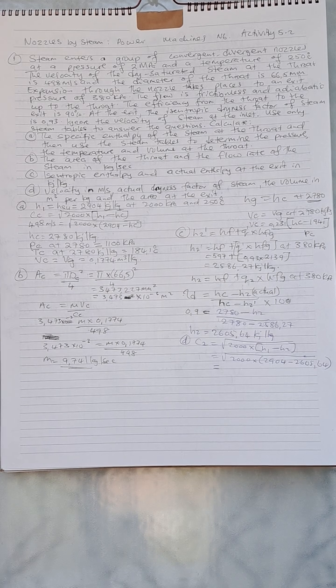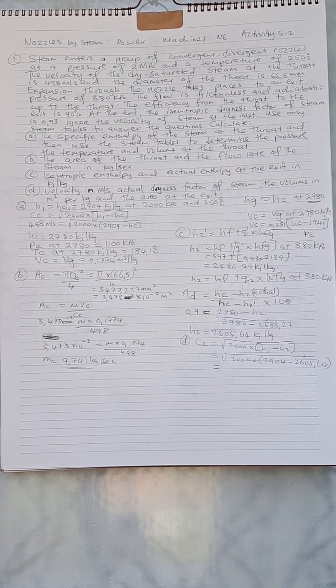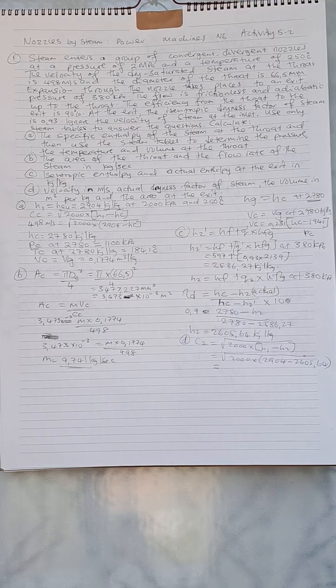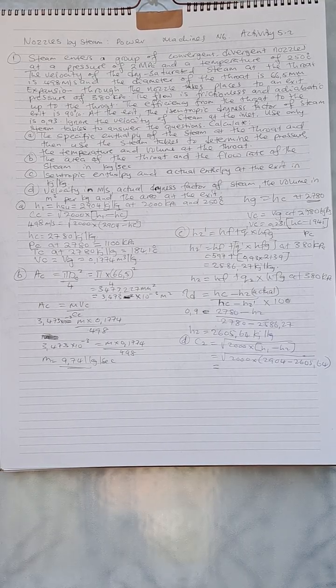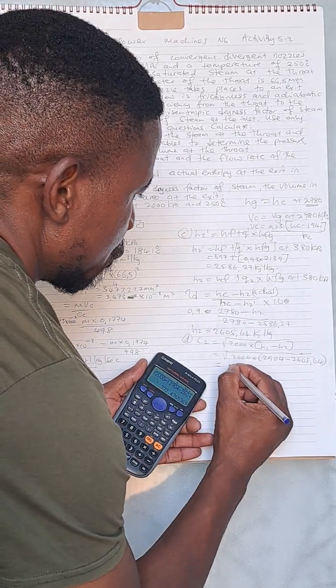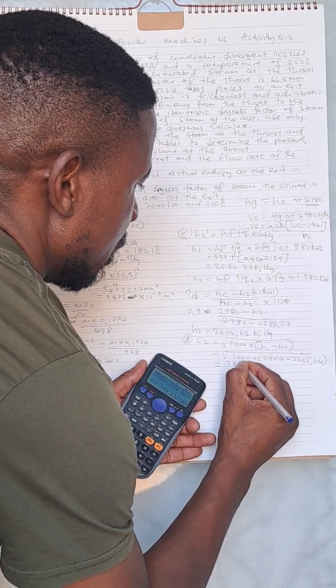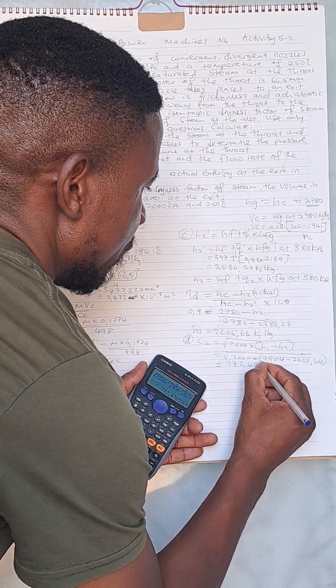Let me punch it in. So I'm getting my C2 as 772.477 meters per second.